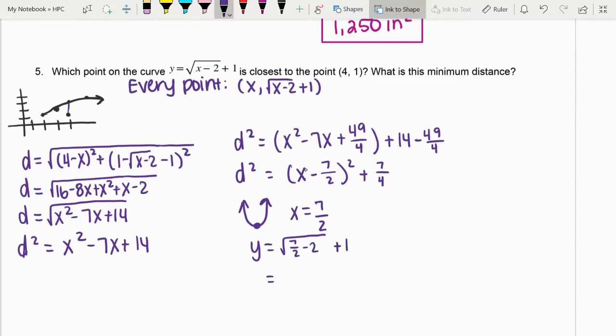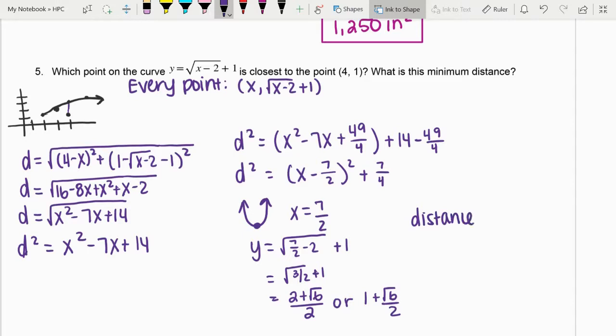So I'm going to end up with the square root of 3 halves plus 1. So that will get us 2 plus the square root of 6 over 2, or 1 plus the square root of 6 over 2.